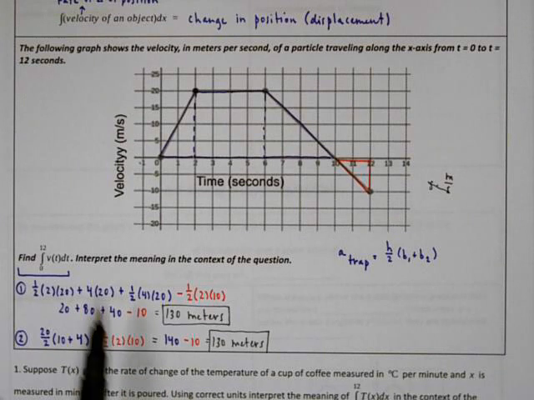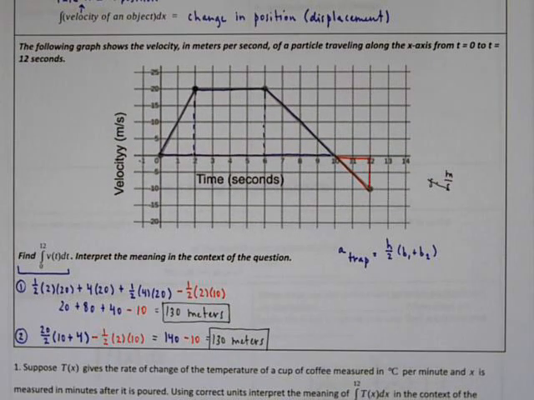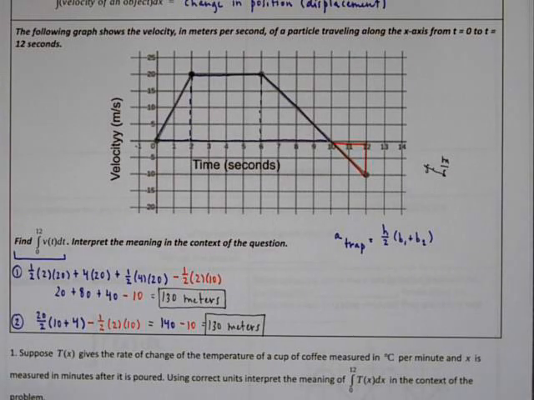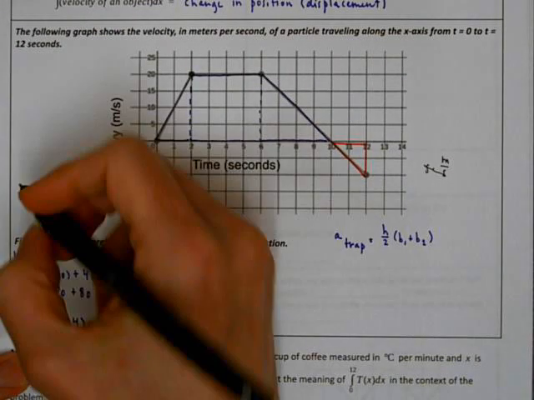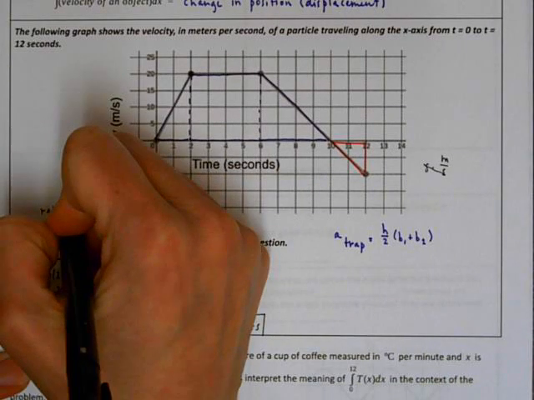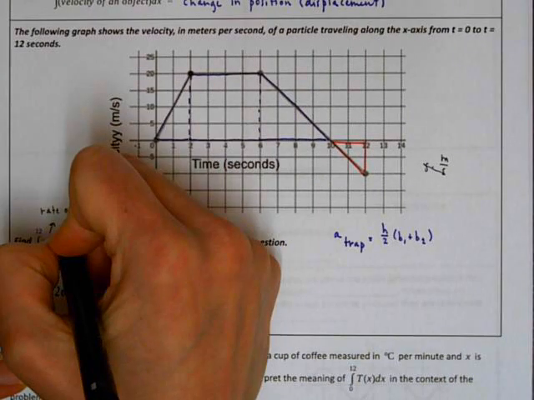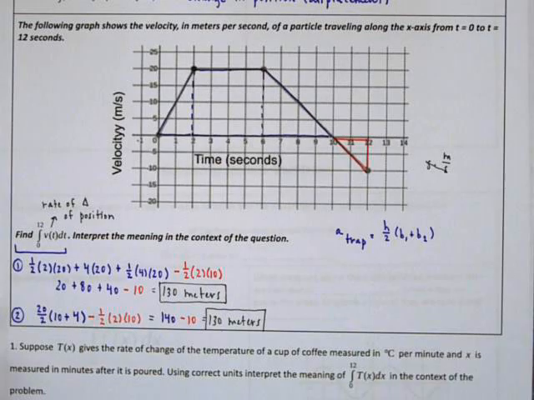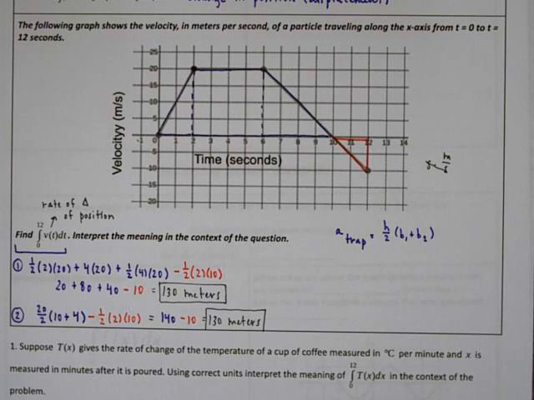So far we found the actual value. We did the calculation. Now we need to interpret the meaning in the context of the question. So here's where we need to think, right? I was integrating velocity, and we said velocity is the rate of change of position. So that means our integral is going to give us the change in position, right?